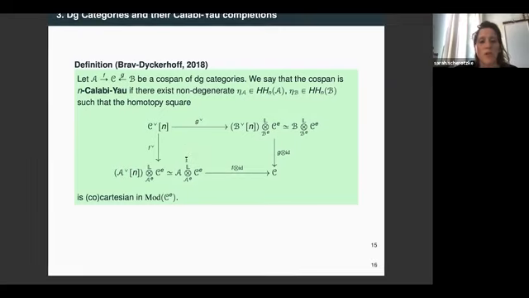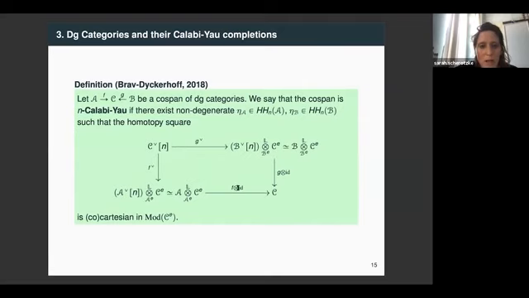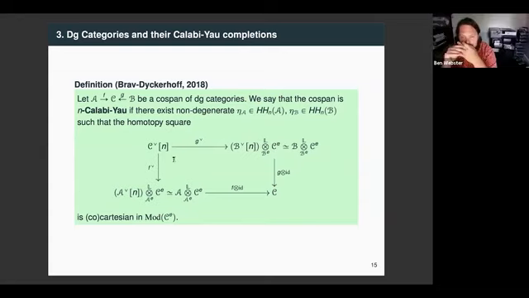We want the following square to be homotopy co-Cartesian in bimodules over C. Taking the inverse dualizing complex is contravariant, so we get a map from the n-shifted inverse dualizing complex of C to the inverse dualizing complex of A and the inverse dualizing complex of B, but induced up as C bimodules.